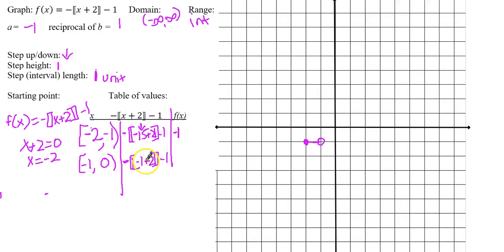Greatest integer of 1 is 1. The opposite of 1 is negative 1. Negative 1 minus 1 is negative 2. So I can go to negative 1, negative 2. And I'm going to extend this all the way out to 0, approaching. And that's enough to see the pattern, and you can just continue.